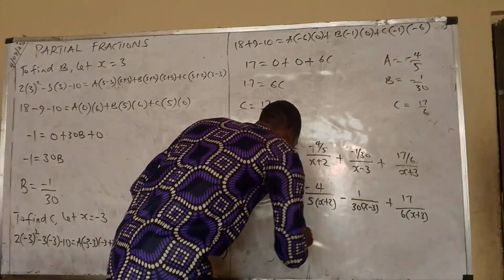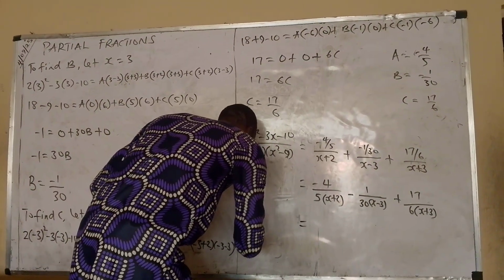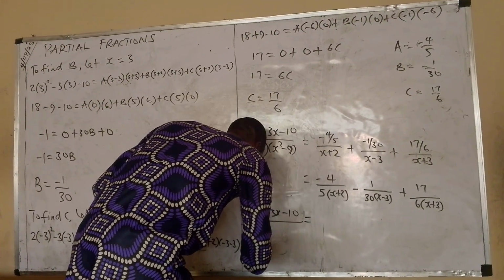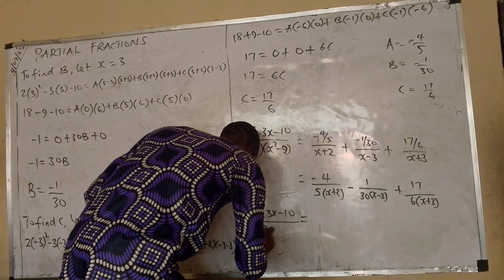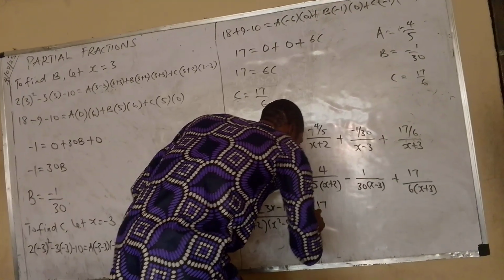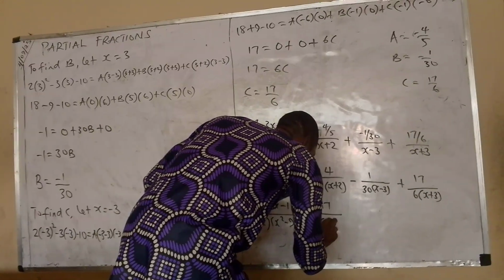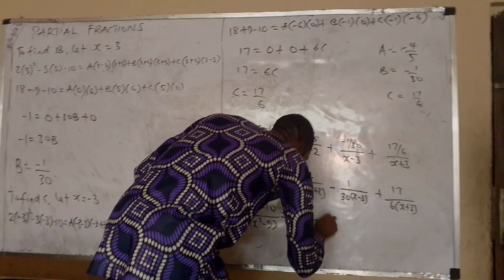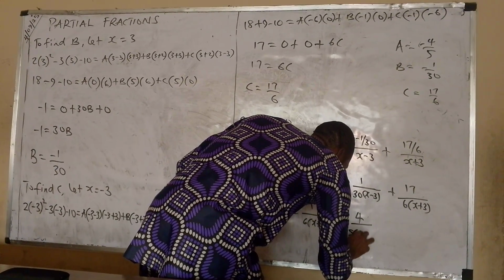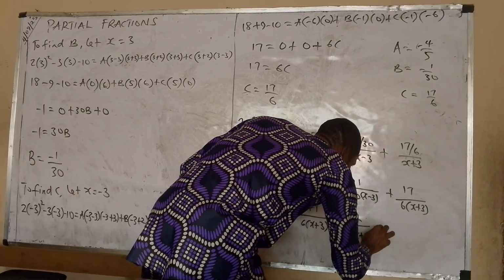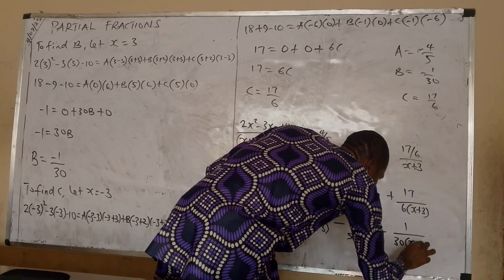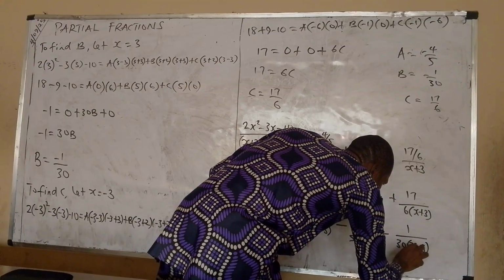I'm going to have, therefore, 2x squared minus 3x minus 10 over x plus 2 into bracket x squared minus 9 will give me 17 over 6 into bracket x plus 3 minus 4 over 5 into bracket x plus 2 minus 1 over 30 into bracket x minus 3.